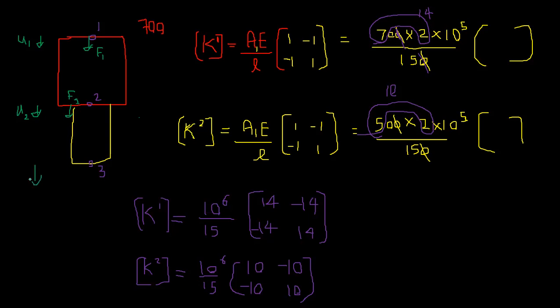Here you will have a displacement of u3 at this point. I can't write at this point, that's why I'm writing it outside. And F3 force and the displacement, right?